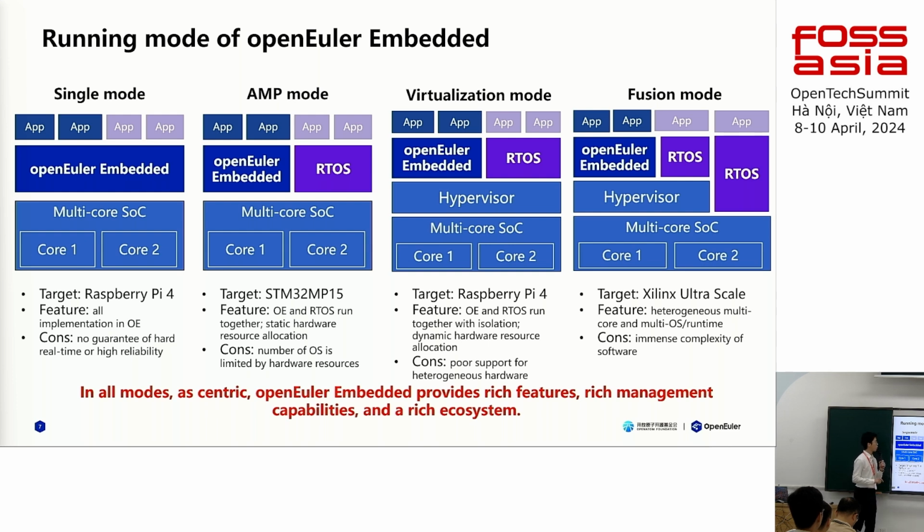For example, we deploy openEuler Embedded on an A-tier ARM core cluster, and we deploy RTOS on an M-tier ARM core. The hardware resources are statically allocated. So the disadvantage is that the number of OSes is limited by the hardware resources. If we only have 4 CPUs in the embedded system, then we cannot run 5 OSes on it.